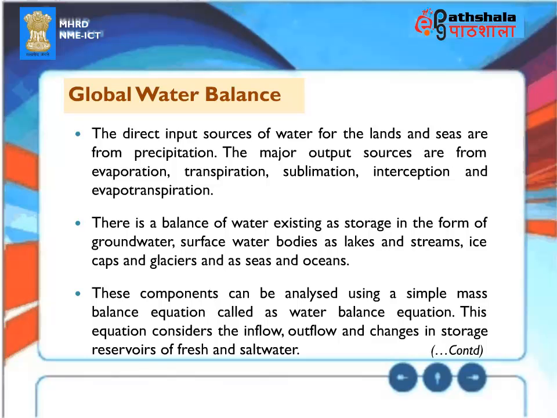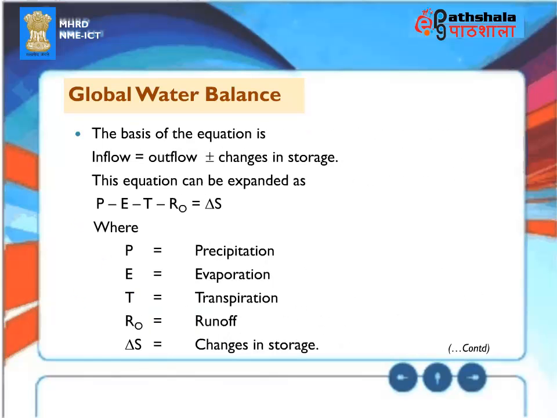These components can be analyzed using a simple mass balance equation called the water balance equation. This equation considers the inflow, outflow, and changes in storage reservoirs of fresh and salt water. The basis of the equation is inflow equals outflow plus or minus changes in storage.